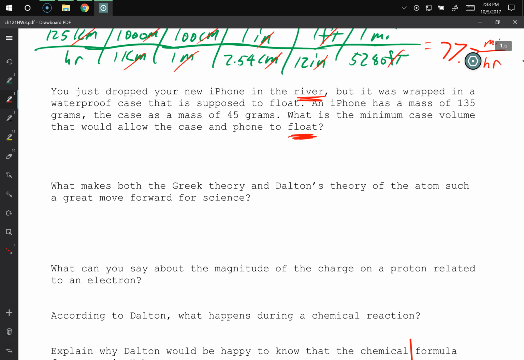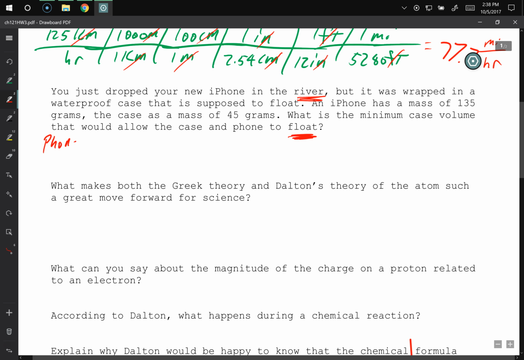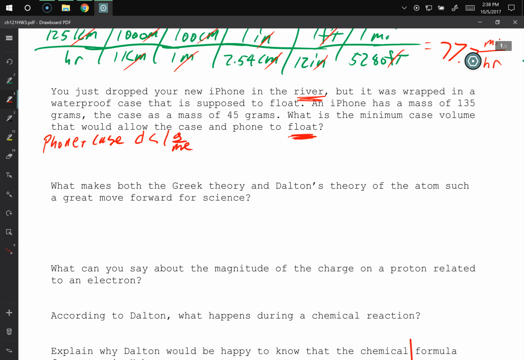Okay, so if this phone plus case have a density that's less than 1 gram per milliliter, then this thing's going to float. It could be 0.999999999, it's still going to float. All right.